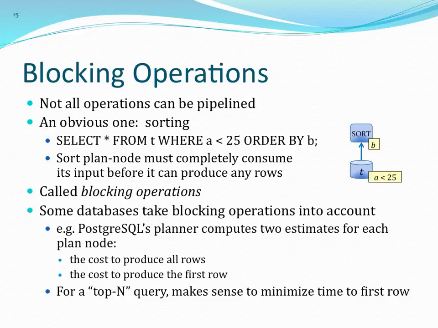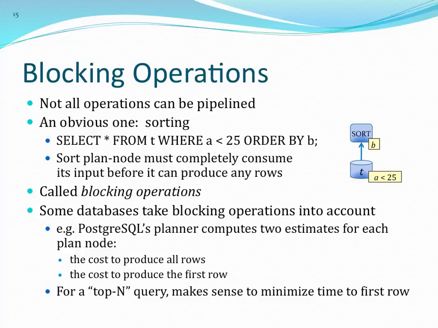Because if you have something like a top n query, where I want the top row or the top 10 rows, then it makes sense to minimize the time to generate my first results. I'd like to apply blocking operations when the input is as small as possible to make that as fast as possible. So that's one thing to consider.